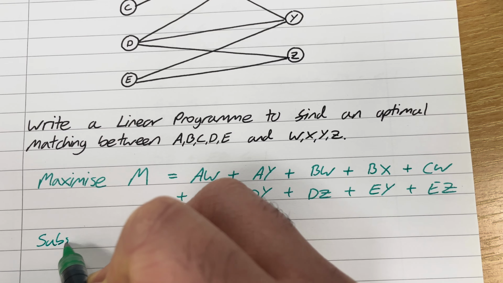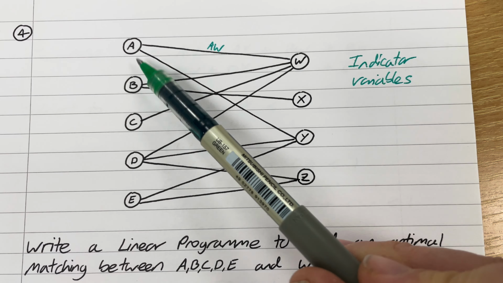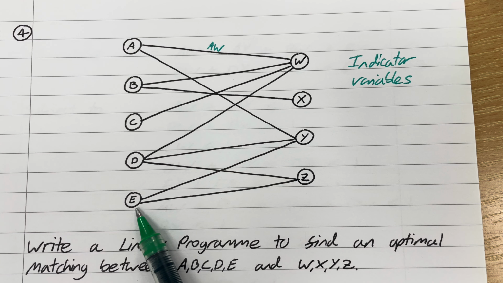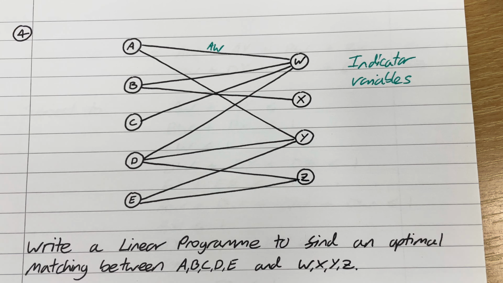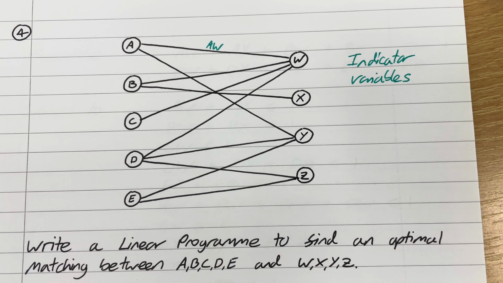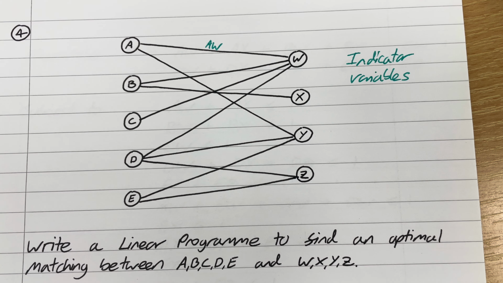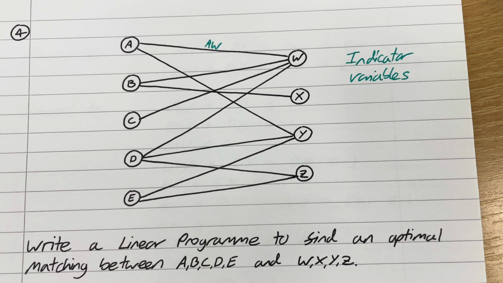And we're going to put some constraints in. So we don't want any one of these assigned to more than one of these. Okay, in other words, going back to my practical example, worker A will either do W or Y or none. Okay, it won't be doing both W and Y. So we want either AW or AY or neither to be chosen.